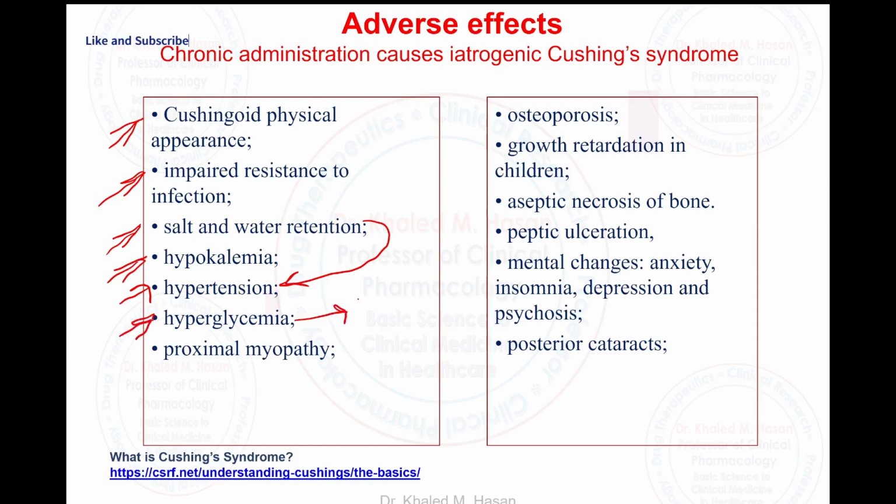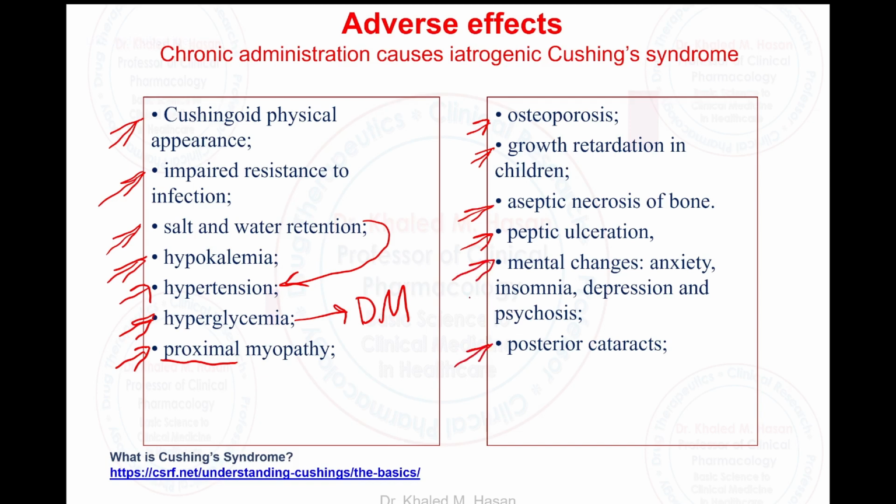Hyperglycemia, which is an increased risk of diabetes. Myopathy, proximal myopathy, risk of osteoporosis, growth retardation in children, aseptic necrosis of bone, peptic ulcer, mental change, anxiety, insomnia, psychosis, posterior cataracts.